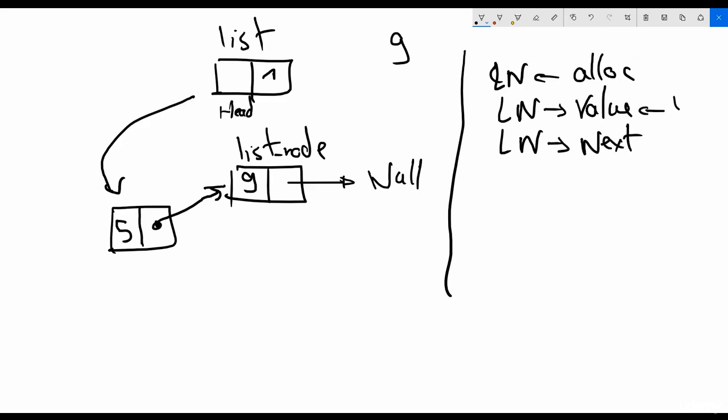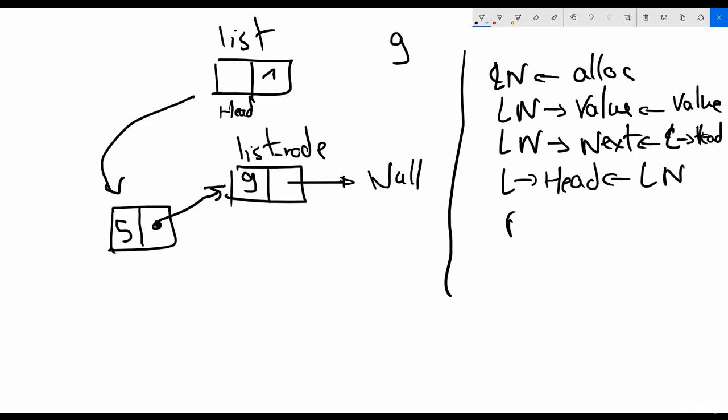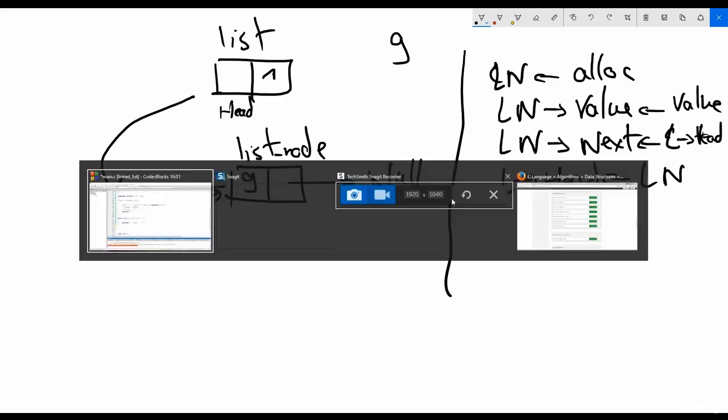So the value takes the value parameter from the function, and the next takes the list head. And finally, the list head takes that newly created node. Okay? So basically that's it. So let's write this idea.